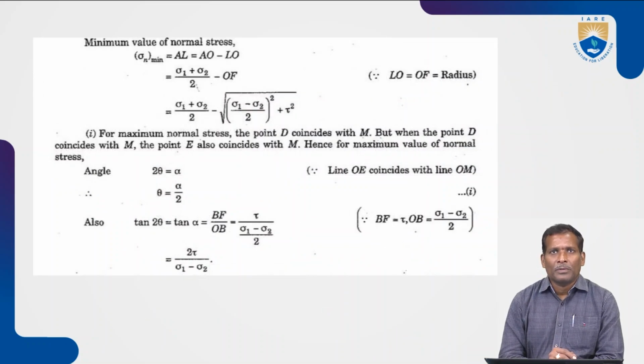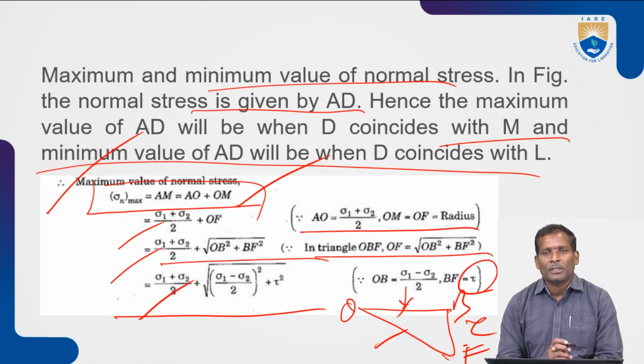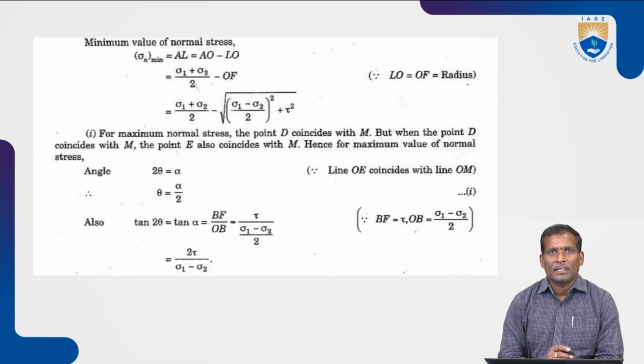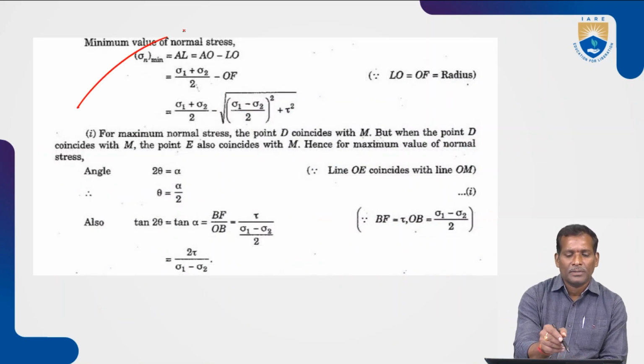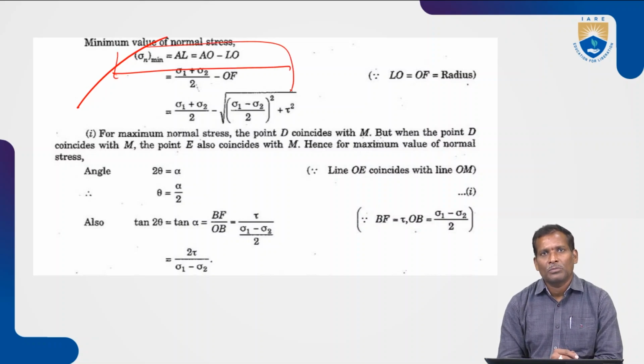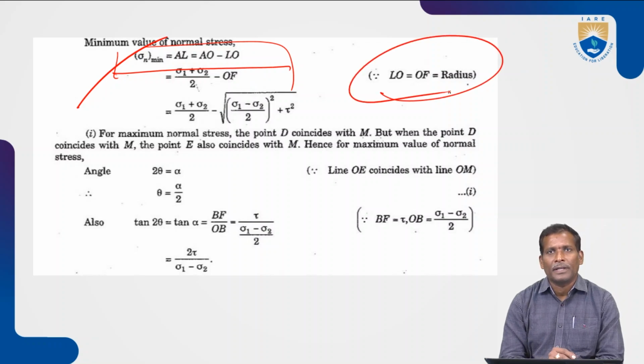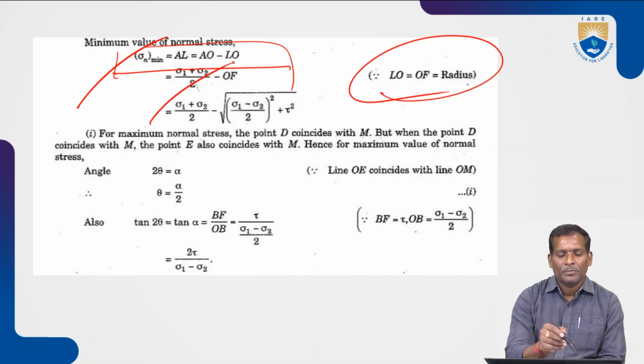So this is the maximum value of normal stress, whenever the D coincides with M. Now to calculate when D coincides with L, the minimum value of normal stress, that is AL is equal to AO minus LO. Take LO is equal to OF, that is radius, and substitute.